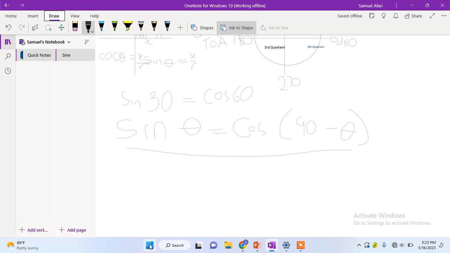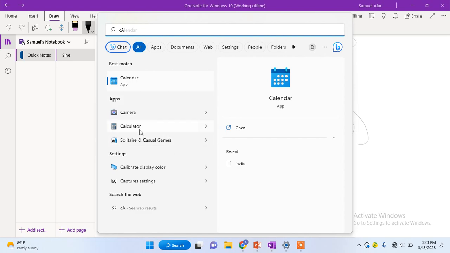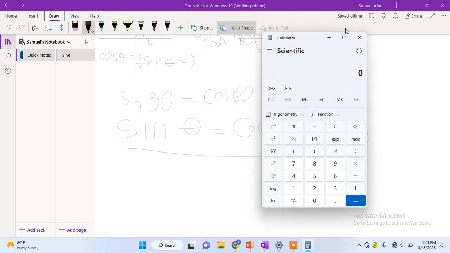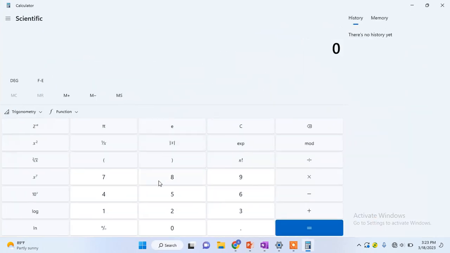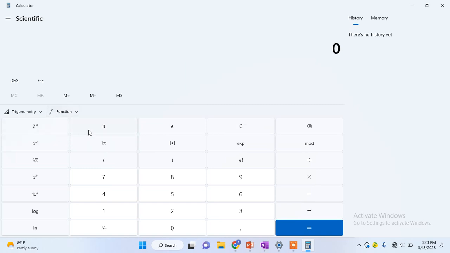Okay, let's try that on our calculator. Let's move to the scientific mode. So let's go to 40. Sine 40, let's look for sine. Sine 40 is 0.642. Now let's type 50 and then we write our cos.